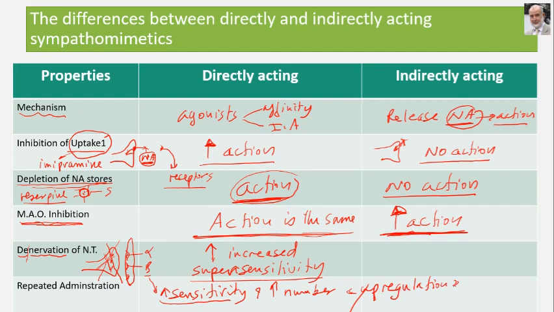So when we denervate any nerve, what will happen to the postsynaptic receptors? Their sensitivity to the released neurotransmitter will be increased, and their number will be increased. This is known as denervation supersensitivity. So when we denervate the adrenergic nerve terminal, the alpha or beta receptors become more sensitive to the agonist.